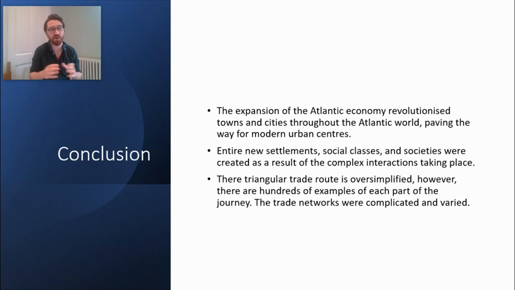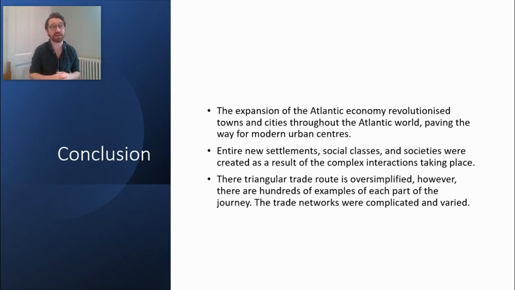So hopefully what this demonstrates is that the triangular trade route is overly simplified, and for each stage of the journey that I've outlined, there are dozens, if not hundreds more examples to study, and the trade routes are complicated and intricate.